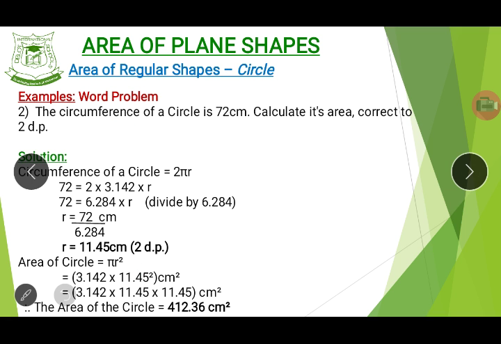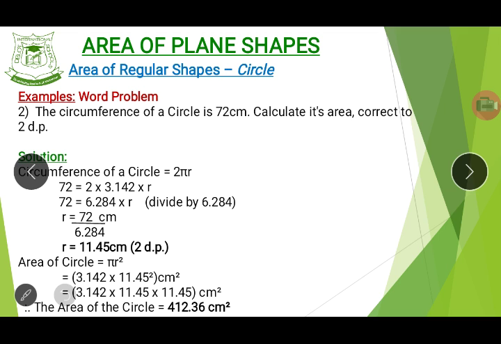Look at this example. It's a word problem. I would like you to take note of it carefully. It says the circumference of a circle is 72 centimeters. We are talking about area, but what we have here is the circumference of the circle. It now says calculate its area correct to 2 decimal places.